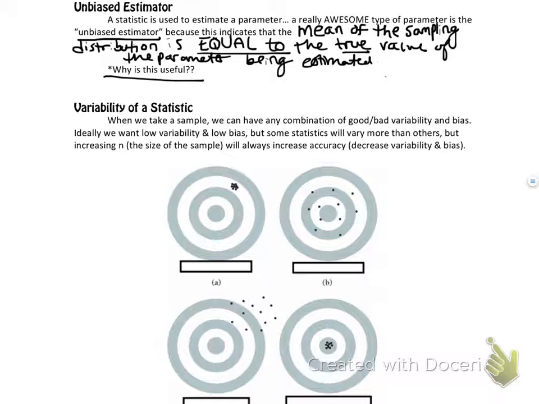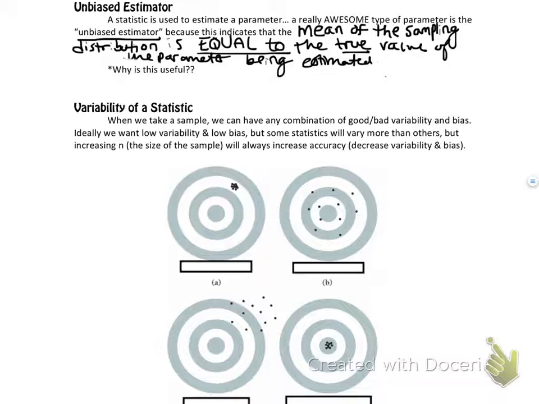Because we can find statistics super easily. We can take samples and find the mean or the standard deviation of the sample, but we very rarely can find the true population values, the parameters. So this is a really good way of estimating the true parameter.